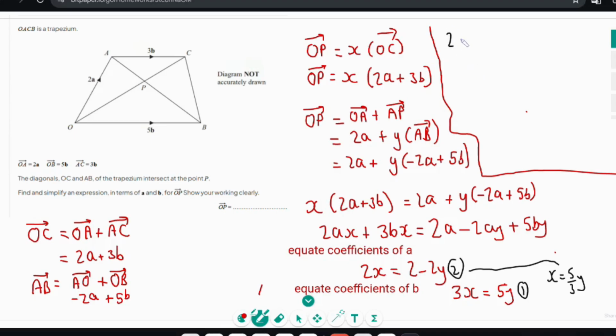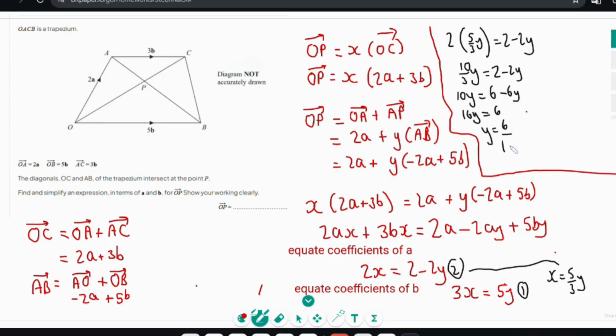So I know 2 times 5 over 3y is equal to 2 minus 2y. 2 times 5 over 3y is 10 over 3y. Times everything by 3. Add 6y to both sides. Divide both sides by 16.